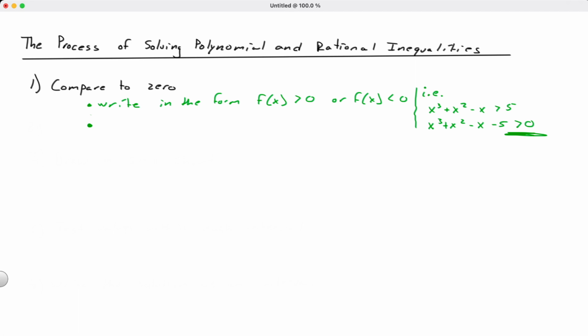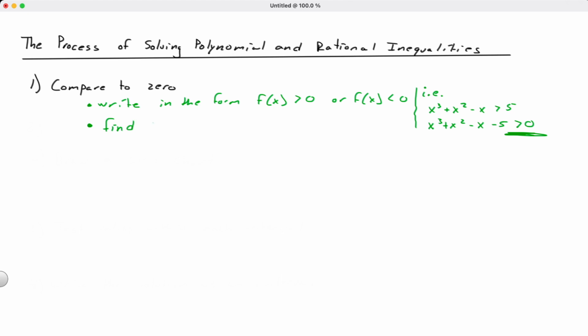Now, the second piece of this is to actually utilize all of those concepts that we've learned about roots and vertical asymptotes in order to determine where are the places where it intersects the x-axis. In other words, where are the places that the graph can potentially change sign? And these we'll call the critical points.